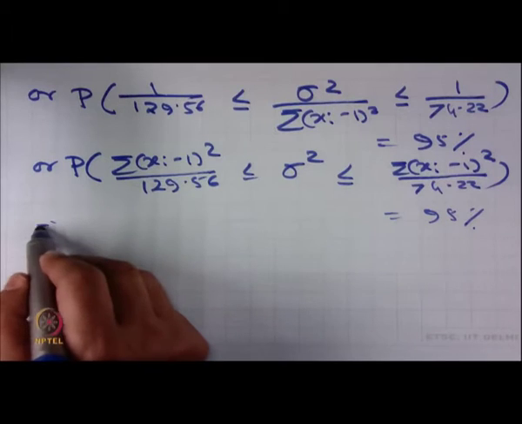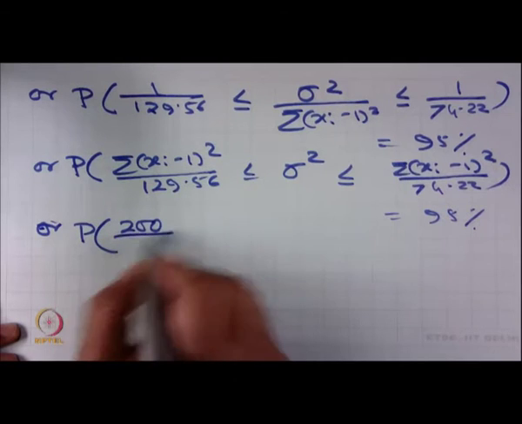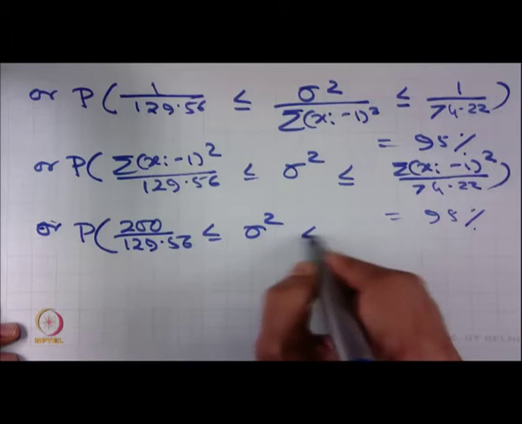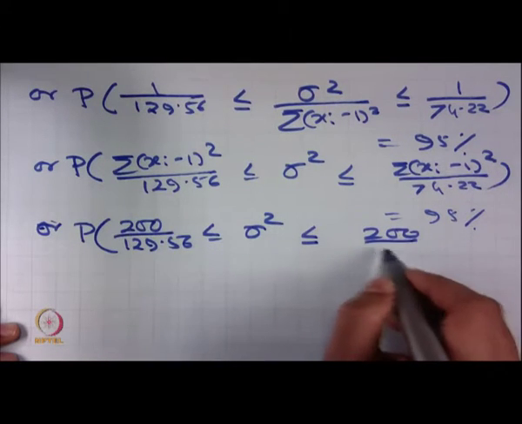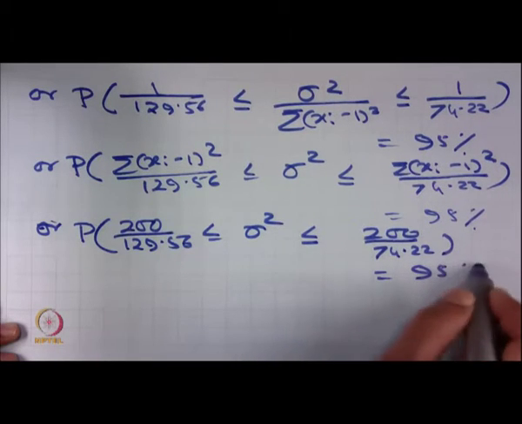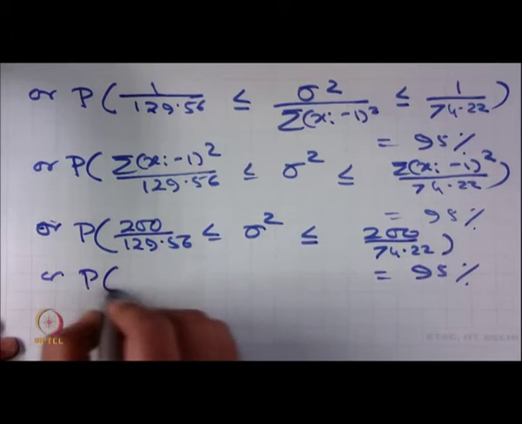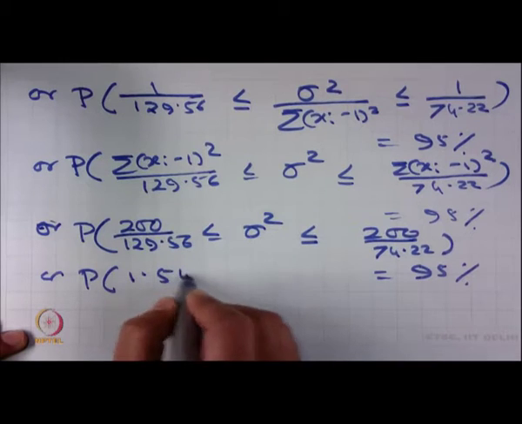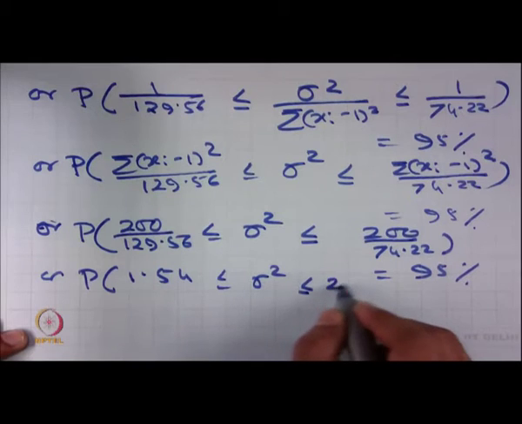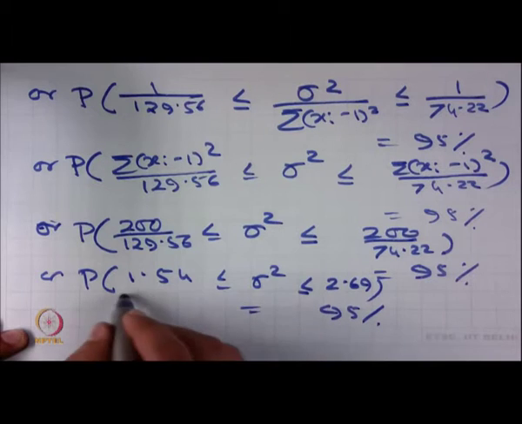Since this is given to be 200, or probability 200 upon 129.56 less than or equal to sigma square less than or equal to 200 upon 74.22 is equal to 95%, or probability 1.54 less than or equal to sigma square less than or equal to 2.69 is equal to 95%.